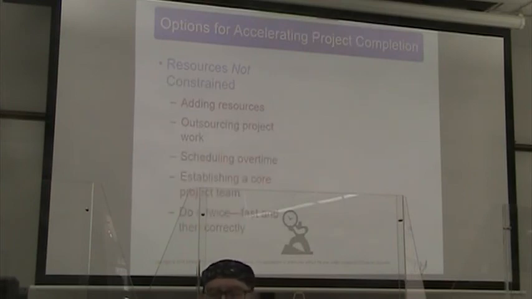All right, so we've got different options when we need to accelerate a project. If our resources aren't constrained, oh man, have we got some ways to go. We can put more resources on. We can outsource part or even all of the work.